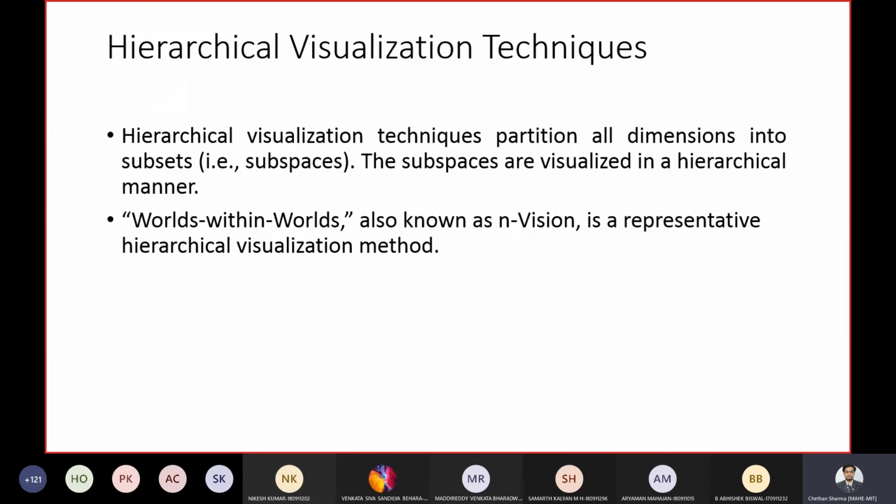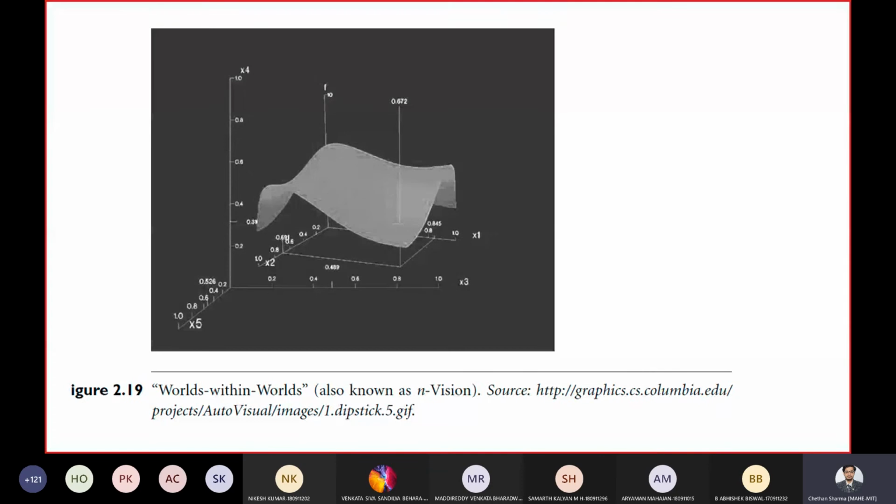With respect to hierarchical visualization, you partition the dimensions into subsets, and these subsets are visualized in a hierarchical manner. One of the methods is called worlds within worlds. One example is given here. If you can see, this is the outer world, and this gives you the inner world.